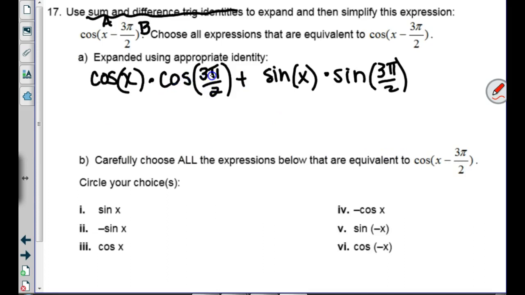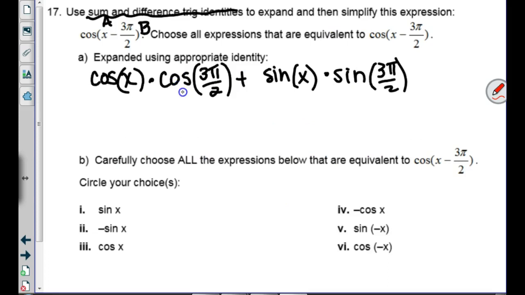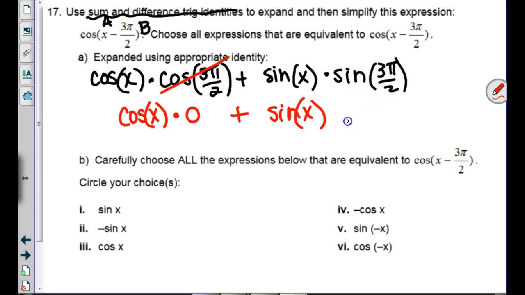I don't want cosine 3 pi over 2 or cosine 0, right? 3 pi over 2, it would be 0. You just replace this whole value with a 0. So it says cosine of x times 0 plus sine of x. What is the sine at 3 pi over 2, guys? -1. So then this is all 0. Cosine times 0 is 0.